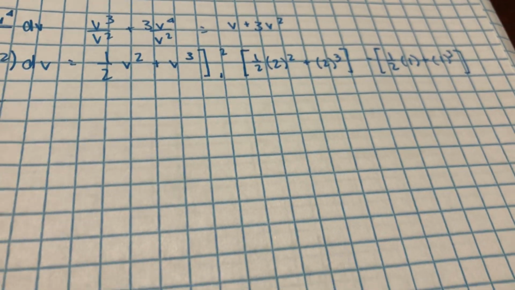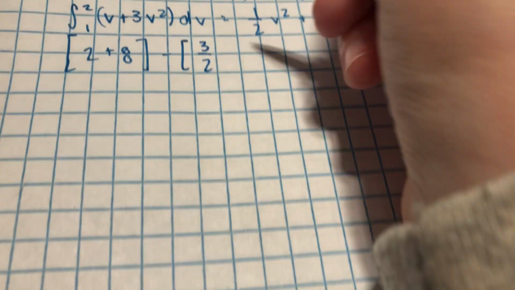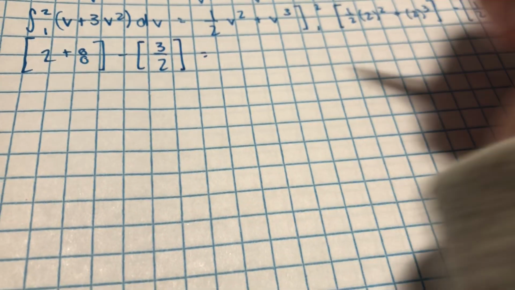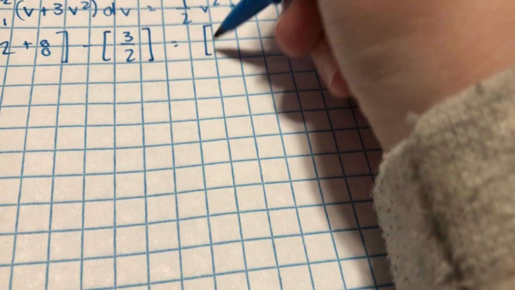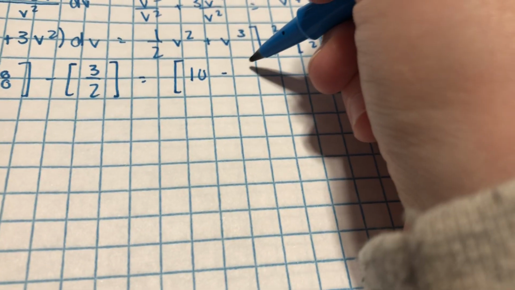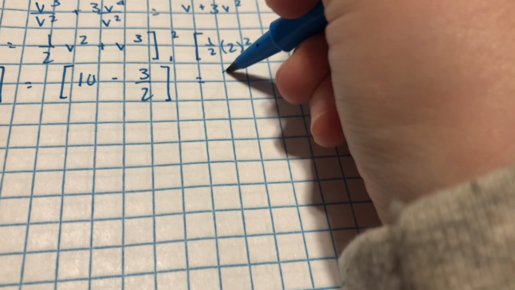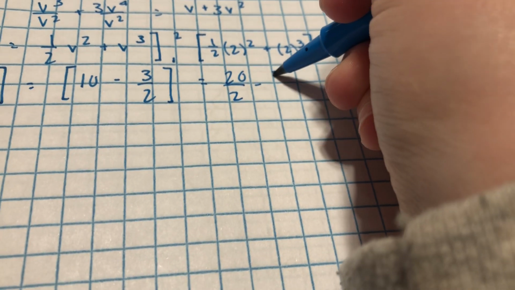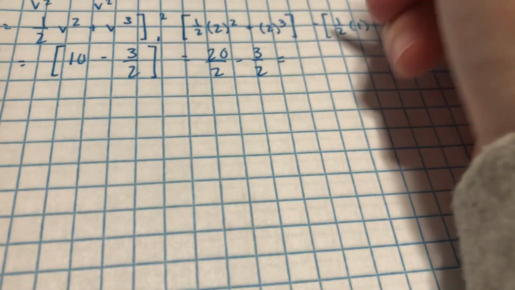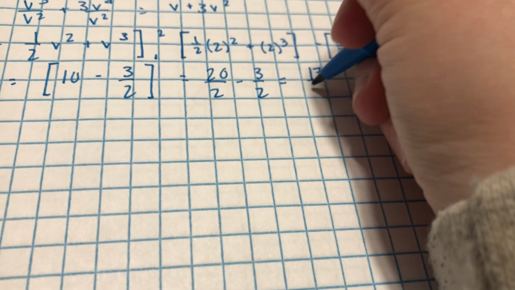So we have 1/2 plus 1, so that's 3/2. So we're going to subtract 3/2. So to further this, it's 10 minus 3/2. Get a common denominator: 20/2 minus 3/2. Then we get our answer, which is 17/2.